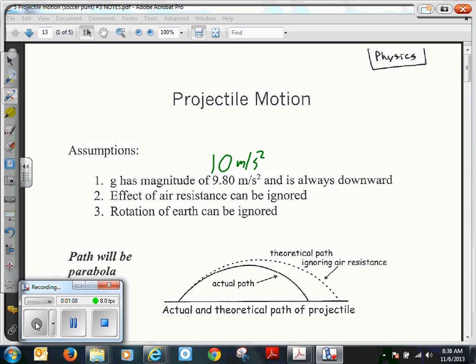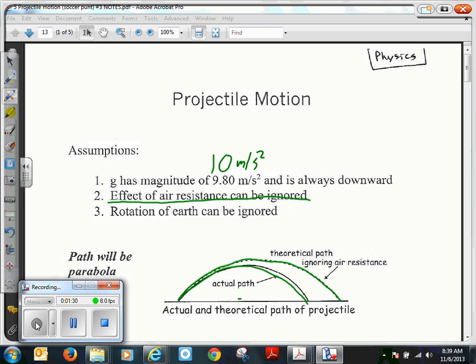The effect of air resistance we're not talking about at this point, so that can be ignored, and that would slow down the ball. We're studying this path right here without air resistance. This path here then would be what would happen with air resistance.